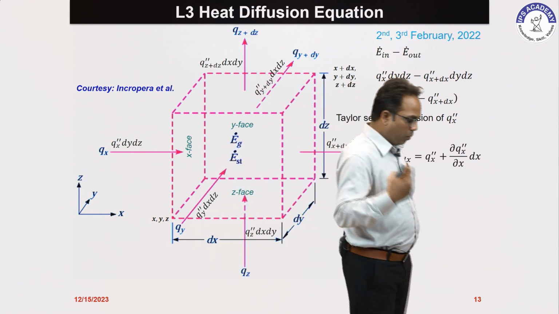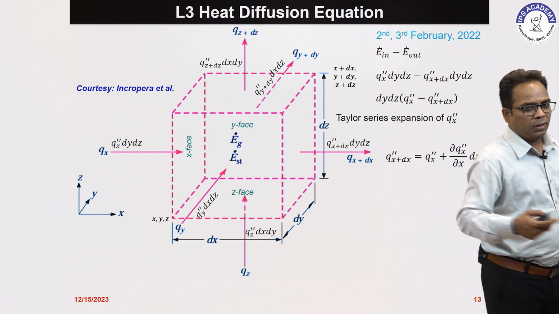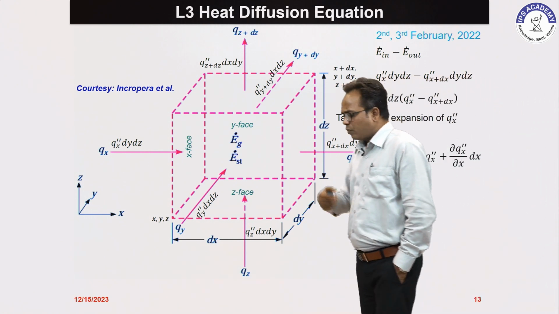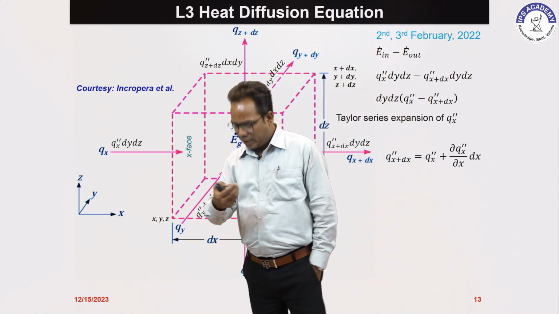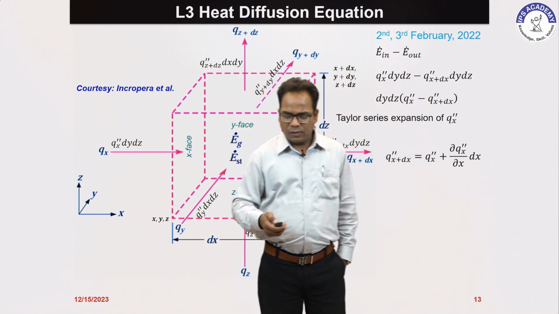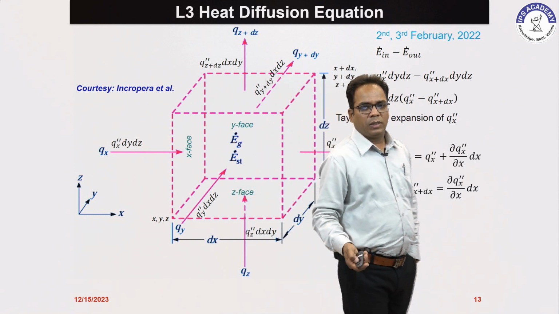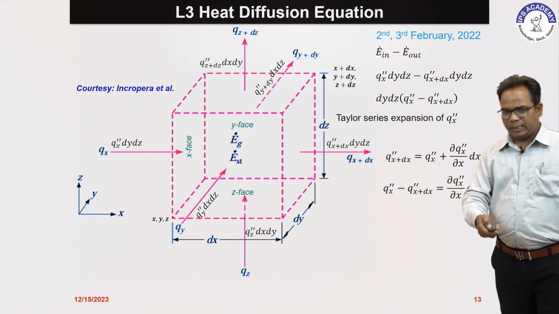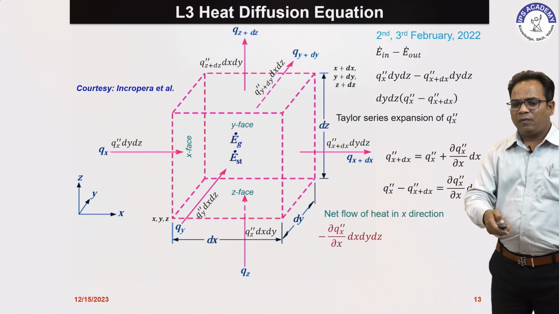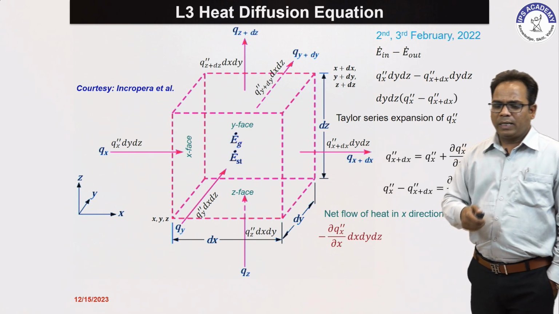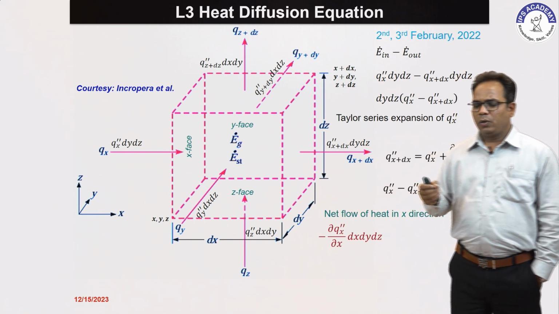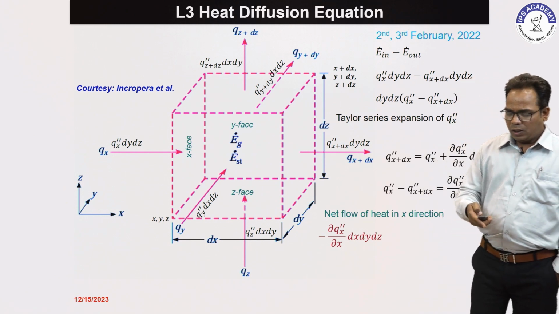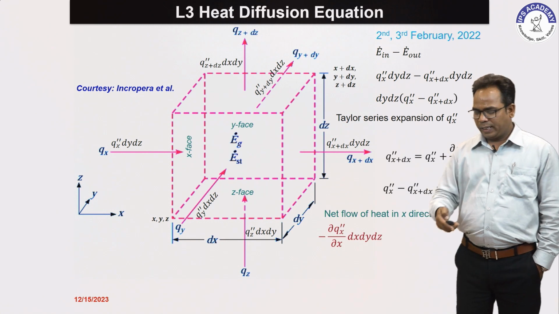By dropping the higher order terms, because they are not required for evaluating the amount of heat which leaves the control volume, we can identify the total amount of heat which leaves. So this is the net flow of heat in the x direction, that is minus delta q x double prime upon delta x, dx into dy into dz. This is the total amount of heat which flows in the x direction.